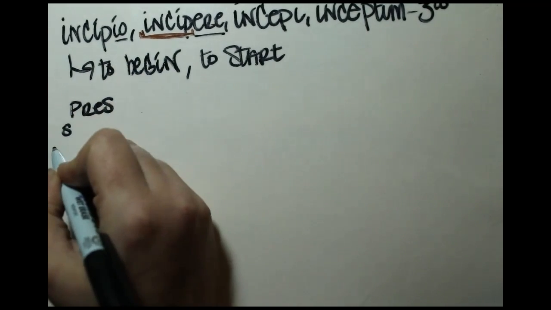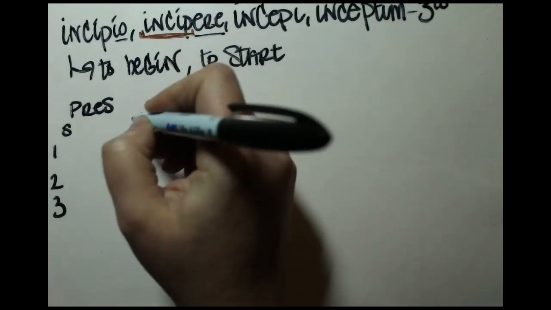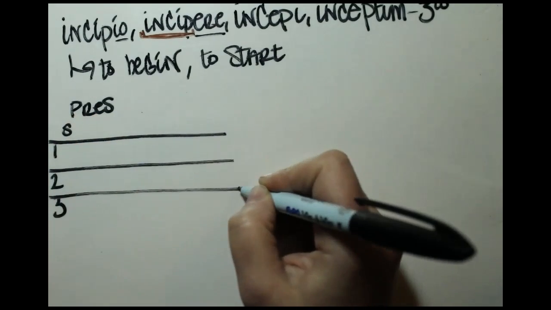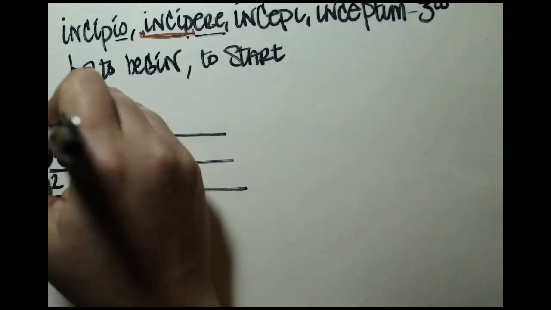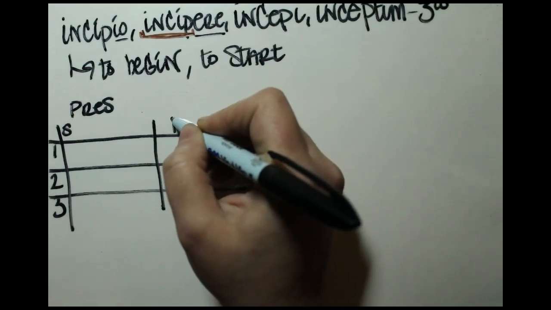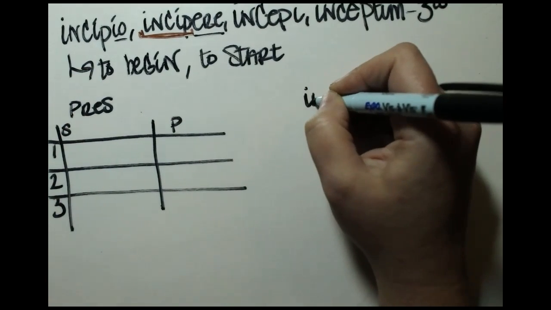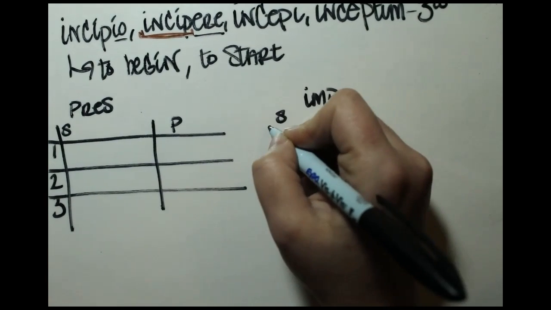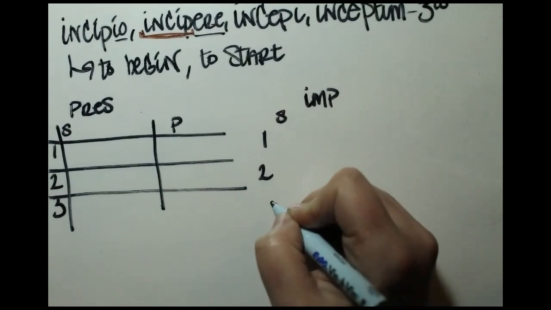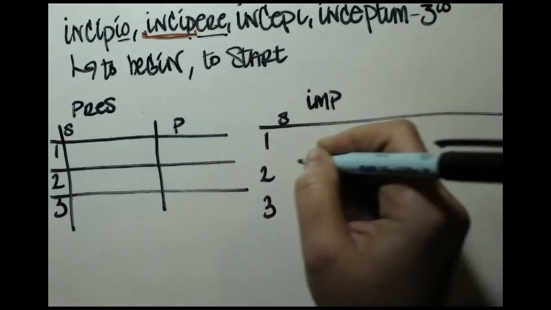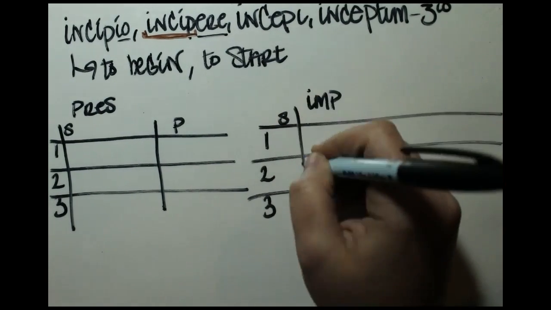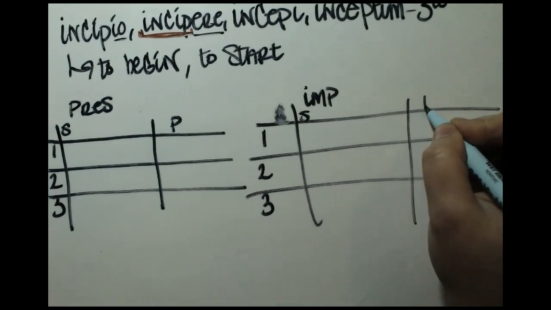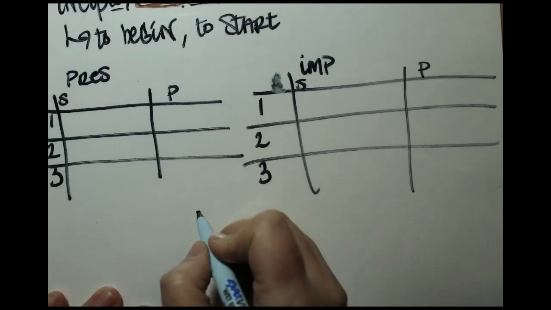So let's get set up with our present. Here's singular, first, second, third, and plural. Here's our imperfect, singular and plural, first, second, third person. And then our future, singular, first, second, third person, and plural. We'll get our chart set up, and then we will talk about stem and vowel.